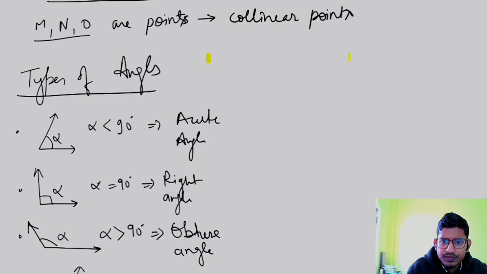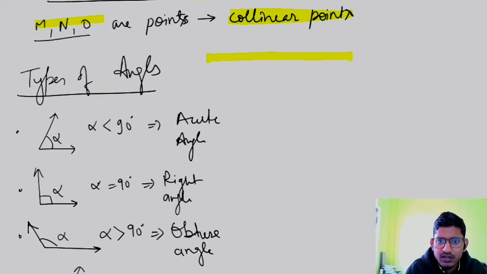Now, next point is collinear. Any two points can be joined to form a straight line, so these two points are always collinear because they form a line. So collinearity cannot be checked with two points; we have to take a minimum of three points, M, N, O. If all three points lie on the same line, then these three points are collinear points.